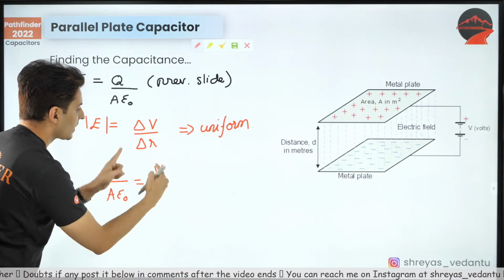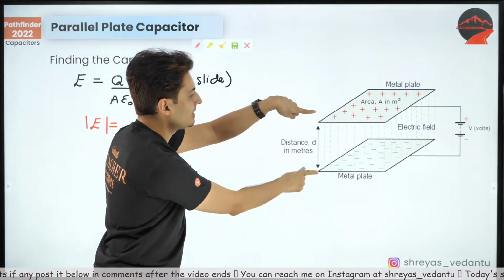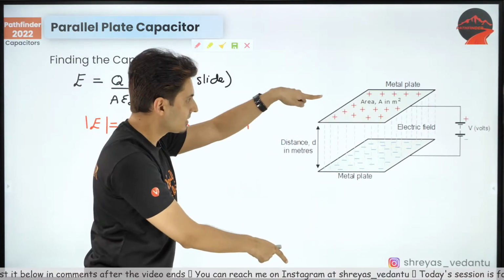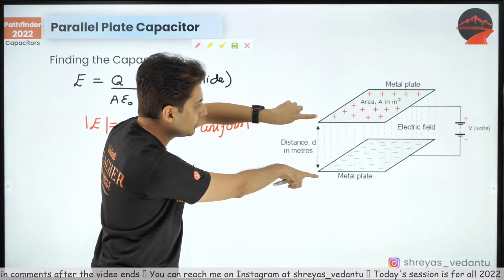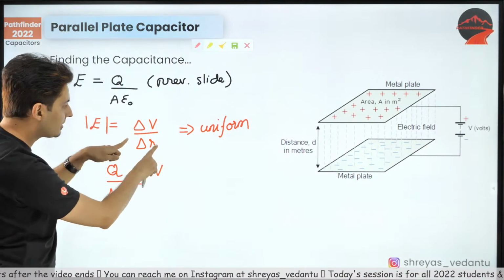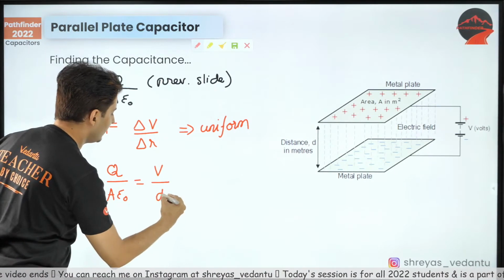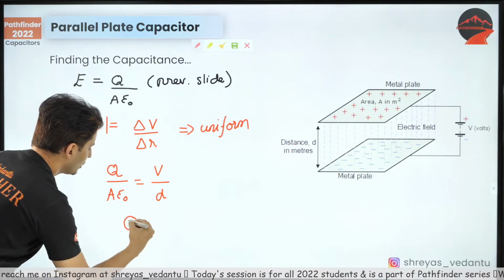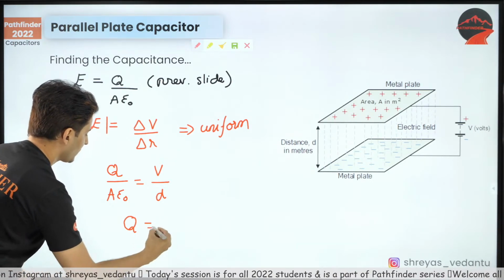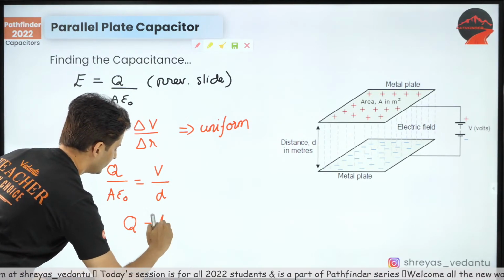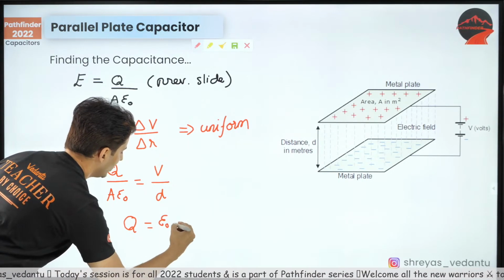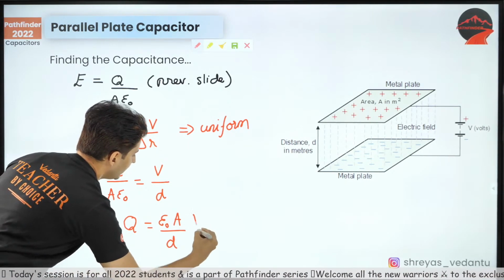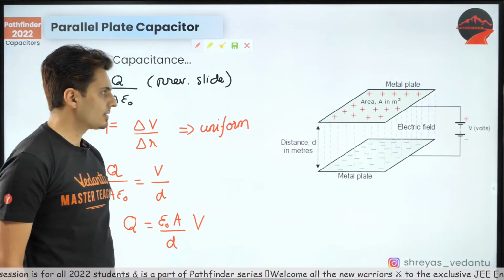Well, that's V. What's delta R? That's the distance between the two plates, which is D. Rearrange this. You are going to get Q is equal to epsilon naught A by D into V.